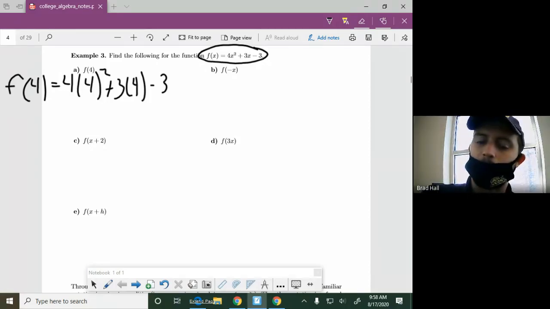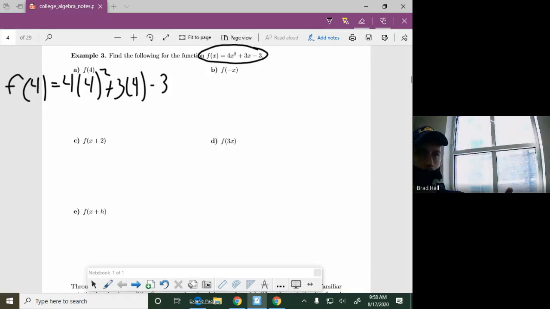And that is, in fact, 4 times (4) squared plus 3 times (4) minus 3. Notice every time I substituted, I used this set of parentheses. There's a reason I do this. I'm going to do it for the next parts. But just to give you a heads up that there is meaning to this. So every place I saw an x in the circled function, I put the 4.